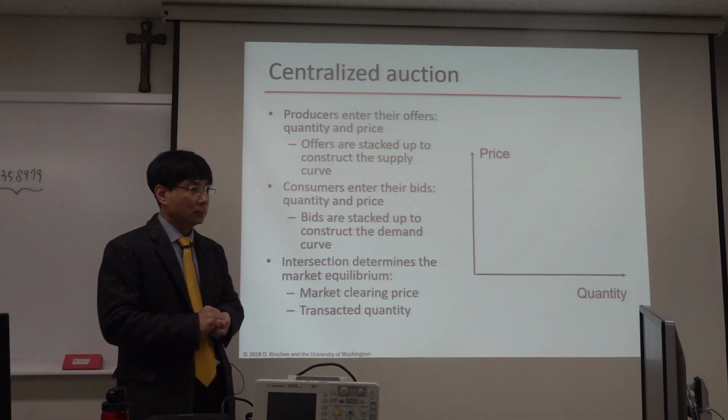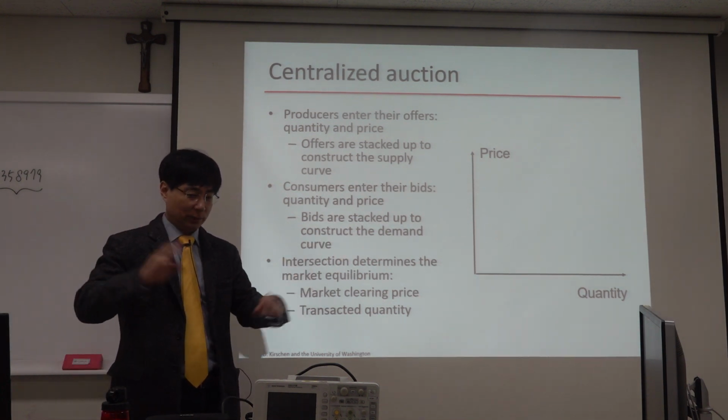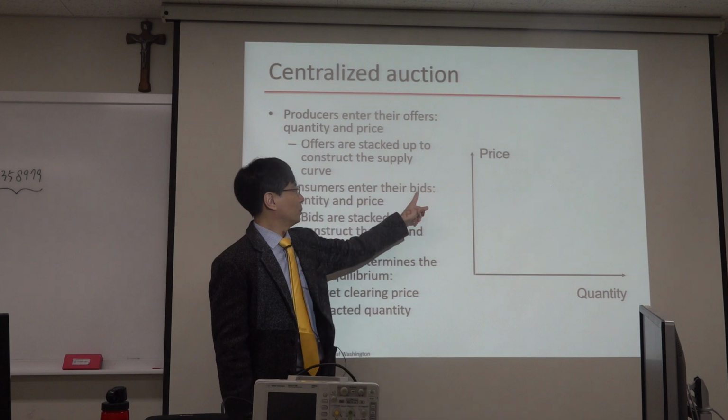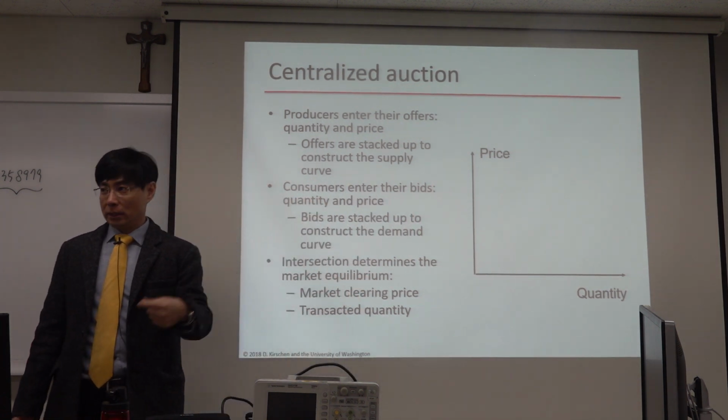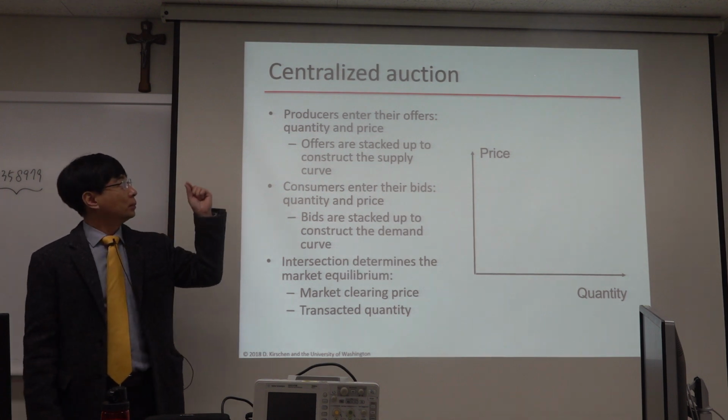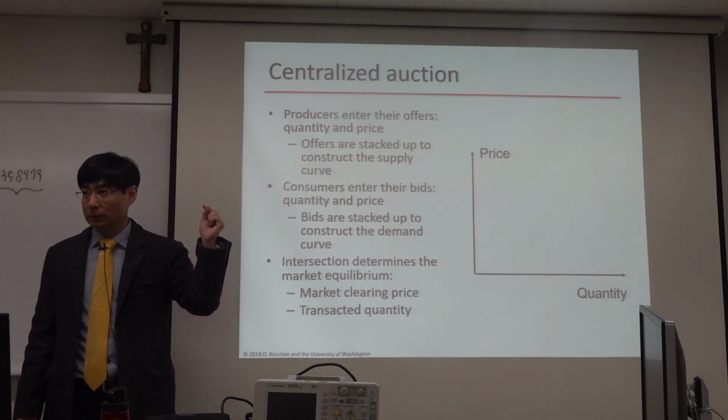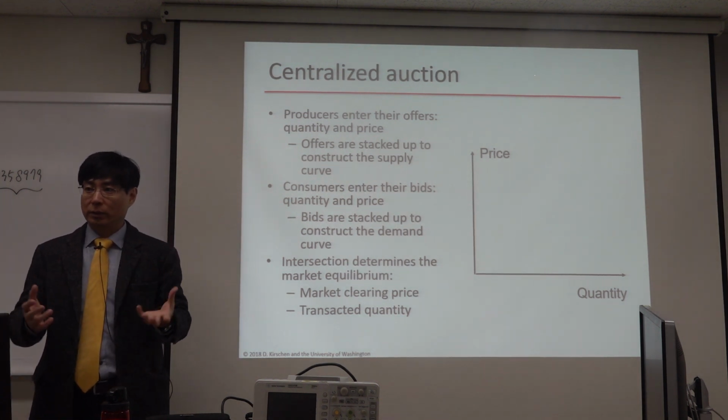Okay, you don't know that paper. Anyway, here we use bid for consumers only, but in other papers or textbooks, bid can be used for producers as well, because bid is very general terminology.